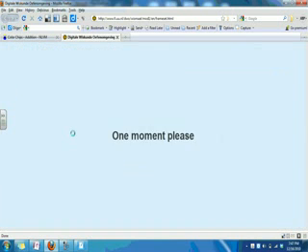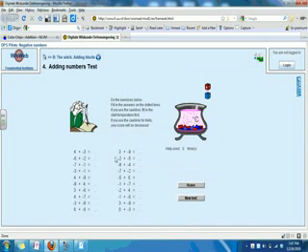Adding numbers test. And there will just be several problems here for you to do. Again, it's just basic skill drill, but if you can't do these and get 100%, then you're probably not ready to move on to subtracting yet. You want to have mastered adding for sure before you start subtracting.